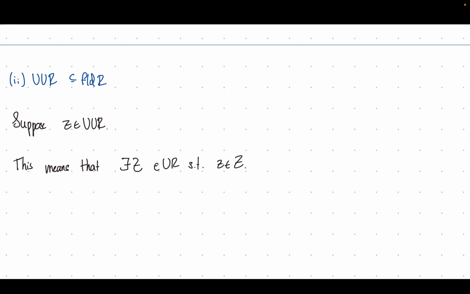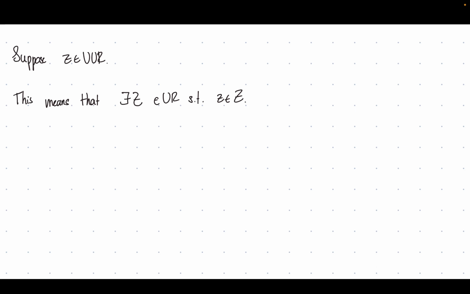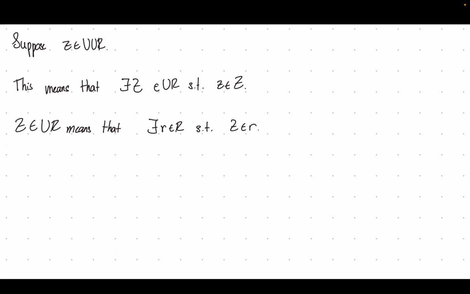And then big Z being in the union of R means that there exists some (x, y), or rather let's call it little r, in big R, such that big Z is in little r. Okay. Right, this is kind of confusing, I know.